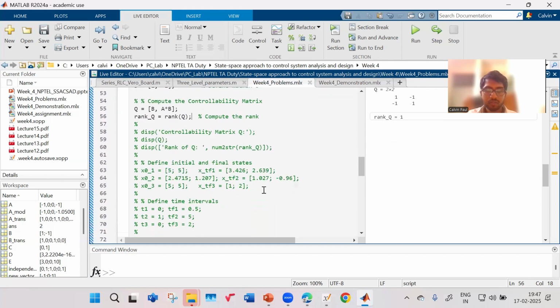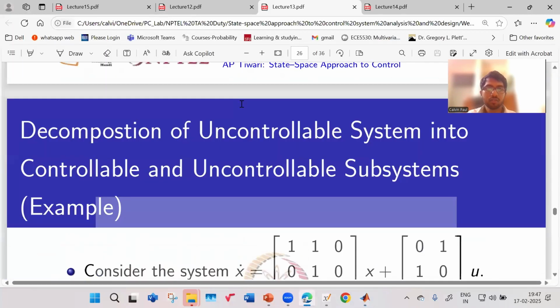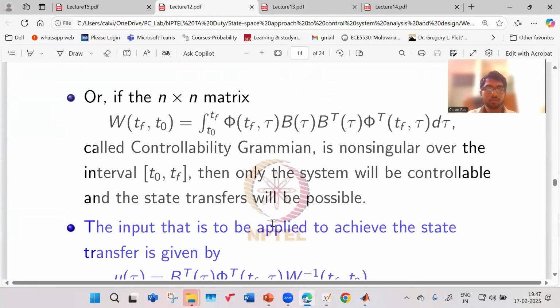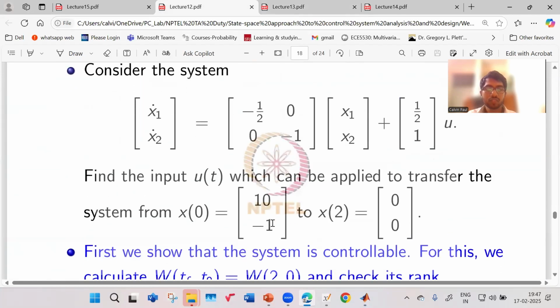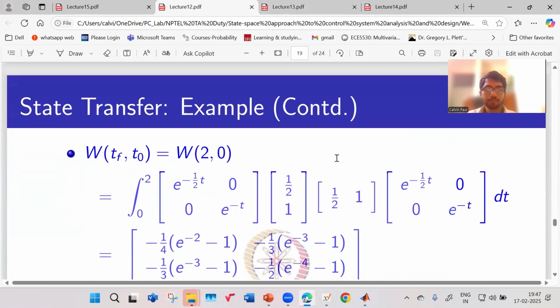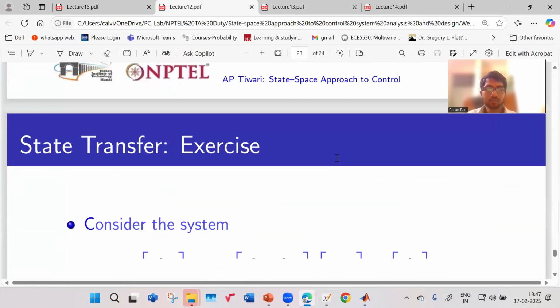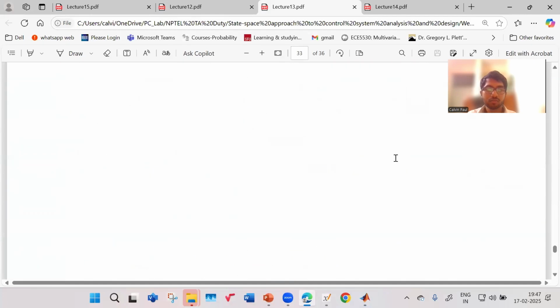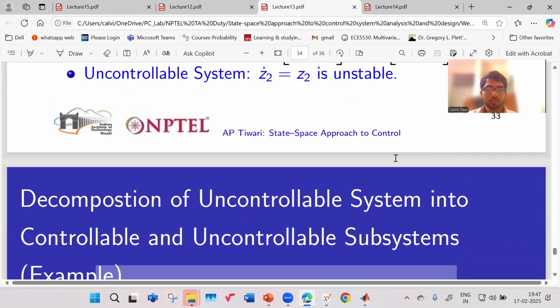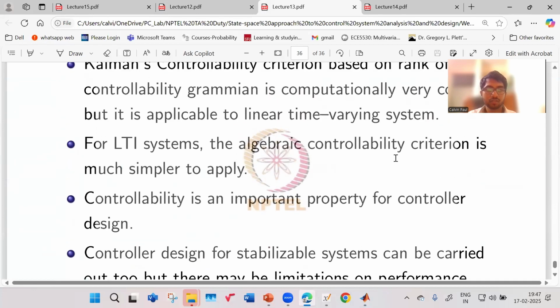Now over here, where's the example? Check if the state transfer is possible. This is one example; the example was there last year.